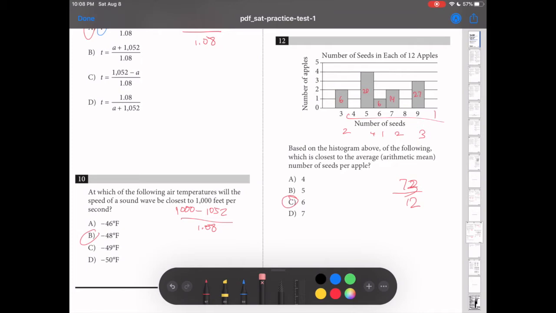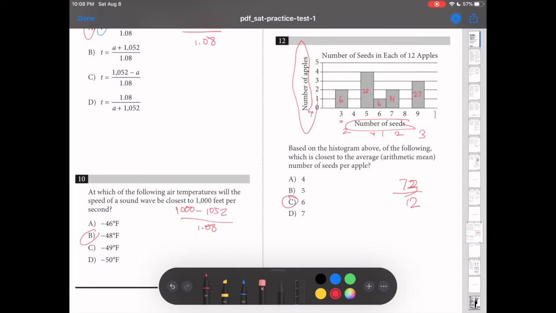Number 12, you've got to know how to read a histogram. To get total seeds, we need to multiply the number of apples that have a certain number of seeds by the number of seeds they actually have. So number of seeds times the number of apples that have that amount of seeds. To get that, you would basically multiply the y and x value to get the total number of seeds.